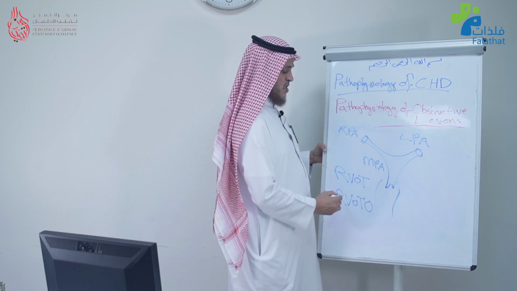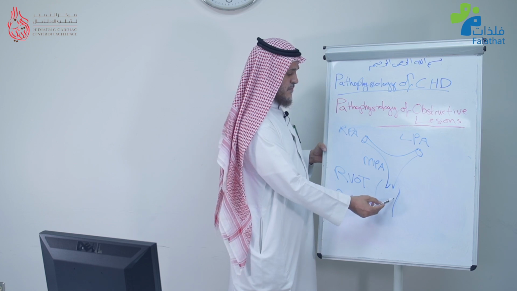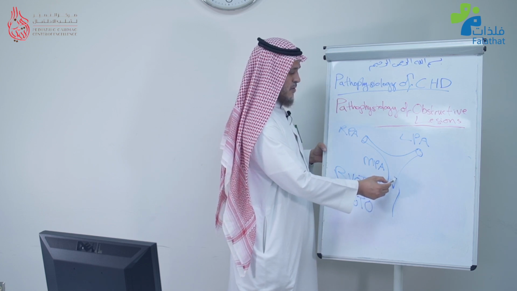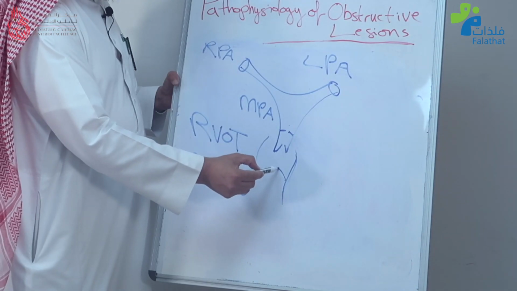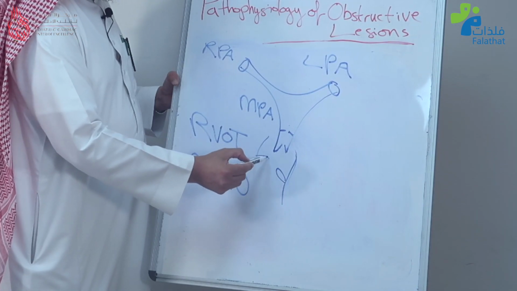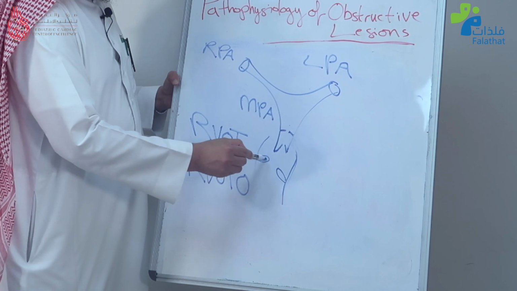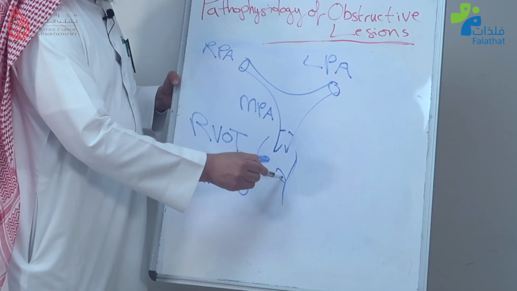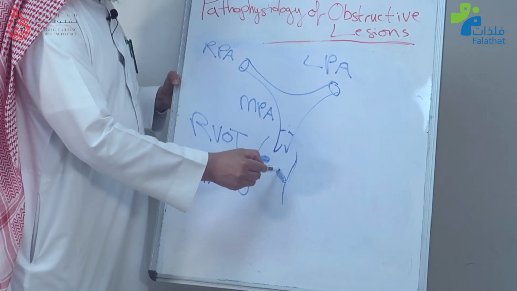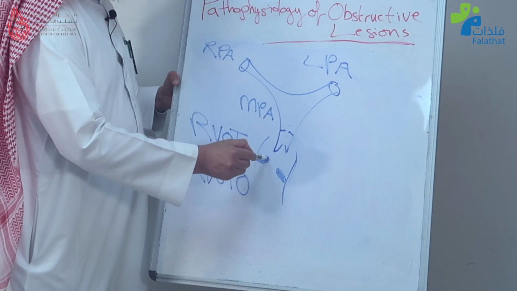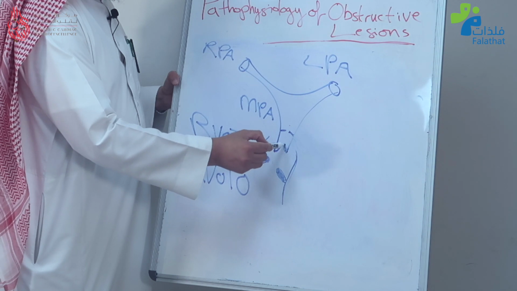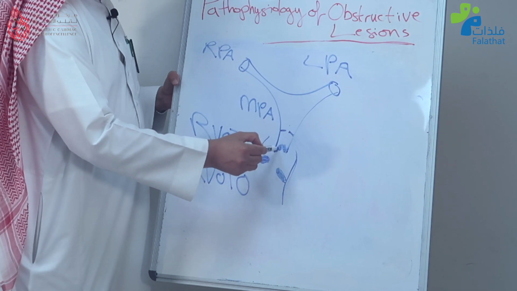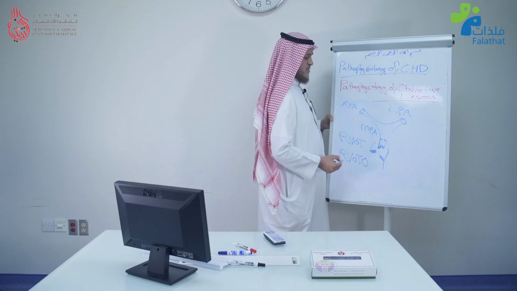obstruction, RVOT. Subpulmonary stenosis, supra pulmonary stenosis. This is the muscle that's causing the subpulmonary stenosis, so this area is now less, or the valve itself may actually be thickened and obstructed.